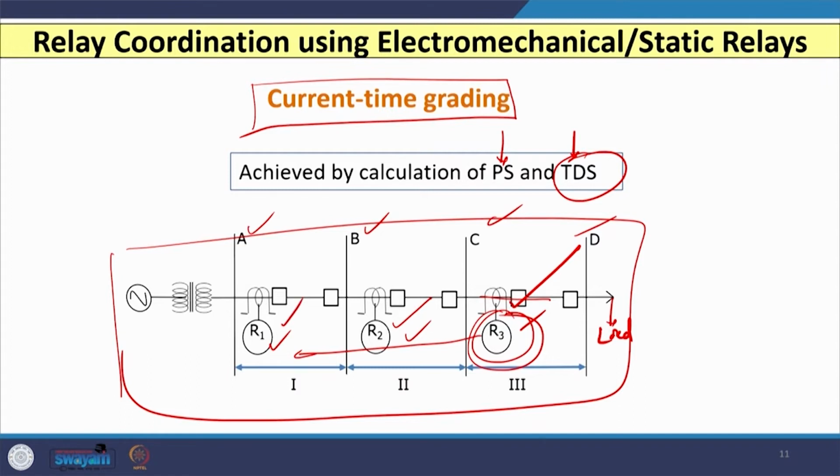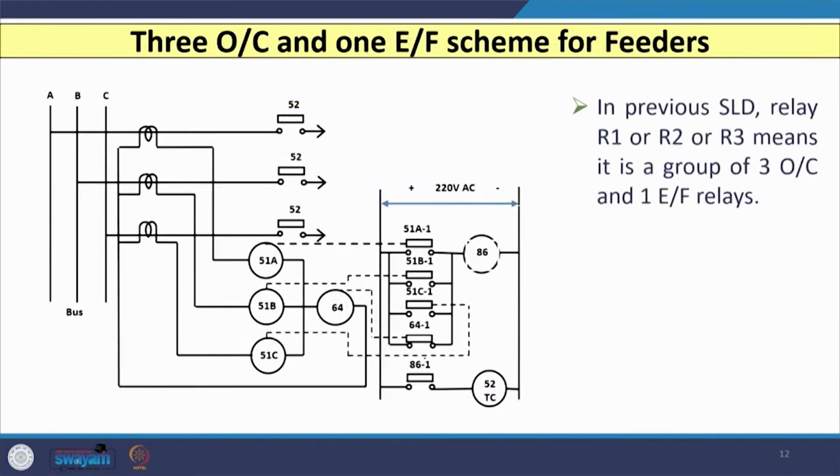In this way we can carry out the relay coordination. However, this is a simple radial network where the source is connected at one end and the loads on the other side. So, this is very simple. Here one more important point is that whenever I say R1, R2 and R3, these are groups of relays.